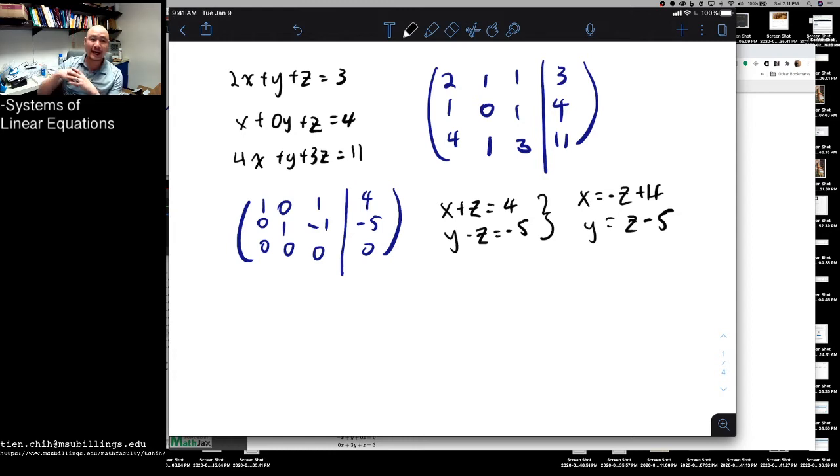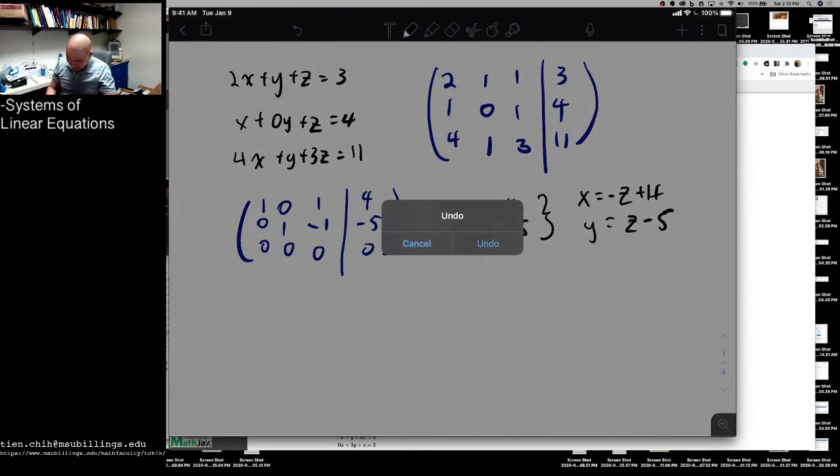So, whereas I can't narrow it down to one solution, I could look at this and say, if I knew what x or y or z was, I could tell you what the other 2 variables are. Just like in 2-dimensional space, if you have a y equals mx plus b line, if you knew what x was, that'll tell you what y is. If you knew what y was, that'll tell you what x was.